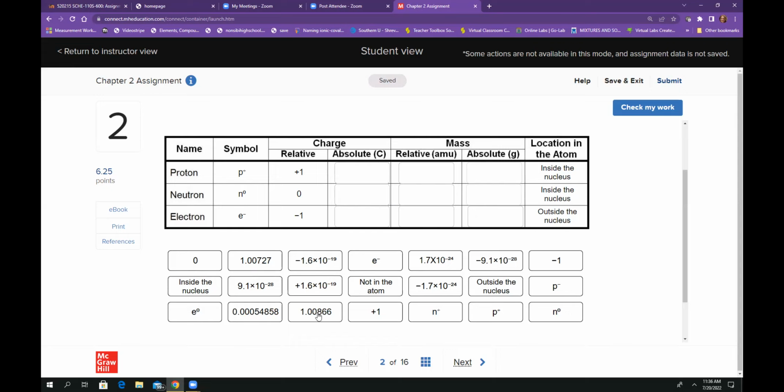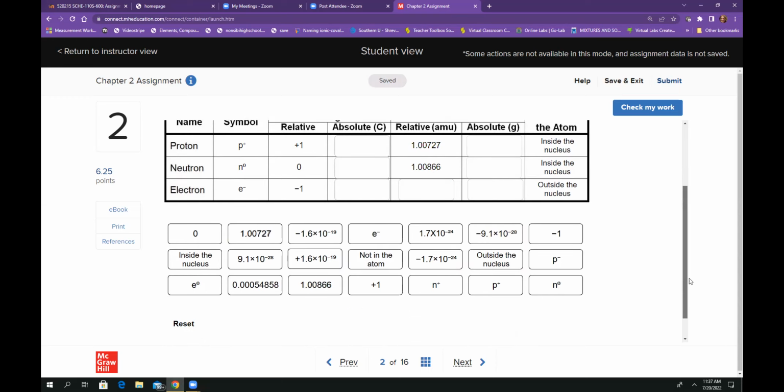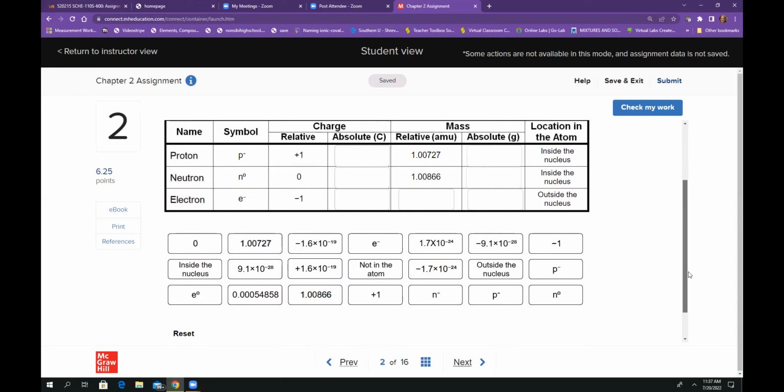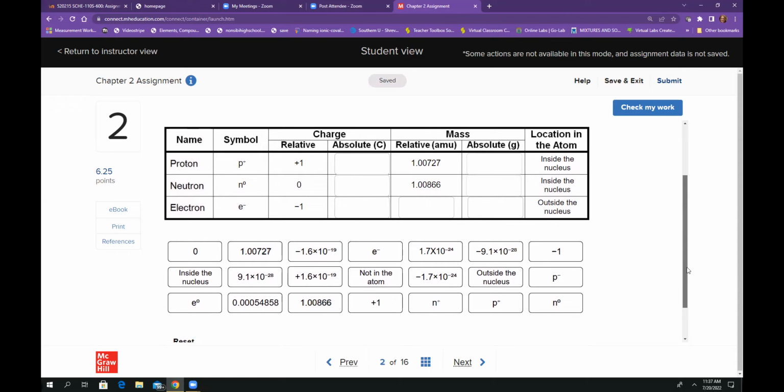So the relative atomic mass unit, this one's a little heavier than this one, right? This is weird. And the other one would be 0 relative, because there is no, this one, I guess, is this one.